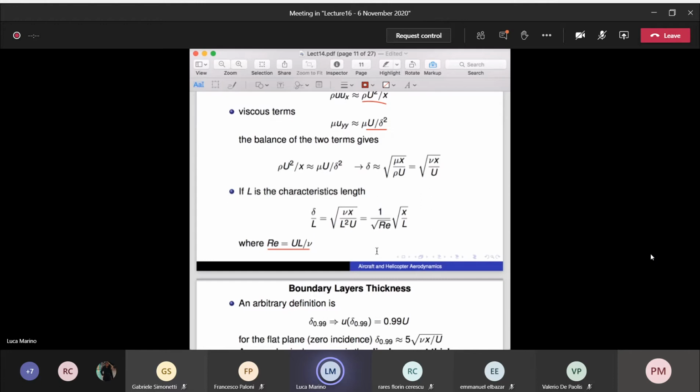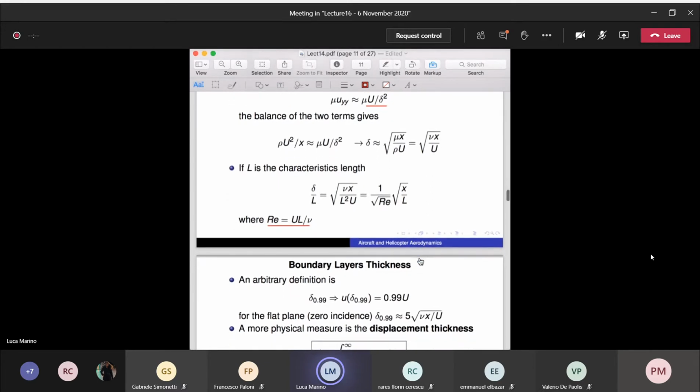So we should pay attention on this point, because sometimes we apply the equations obtained after the assumption of different scales also in a region where actually the changes in x and y are of the same order of magnitude, okay?